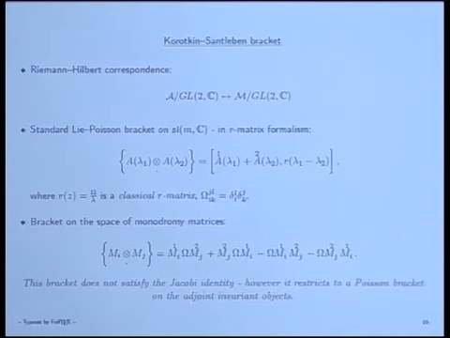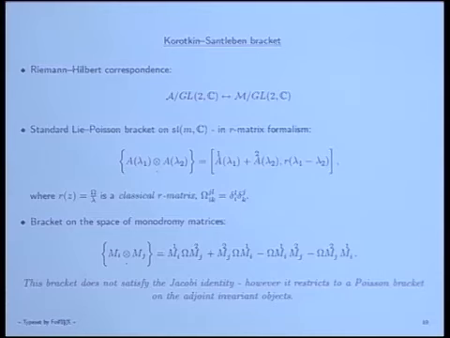It doesn't satisfy the Jacobi identity. However, it's a very beautiful bracket. And it does restrict to a Poisson bracket once you look at what happens between adjoint invariant objects. So if I take trace Mi or trace Mi Mk and look at the Poisson bracket with another trace, then it is in fact satisfying the Jacobi.